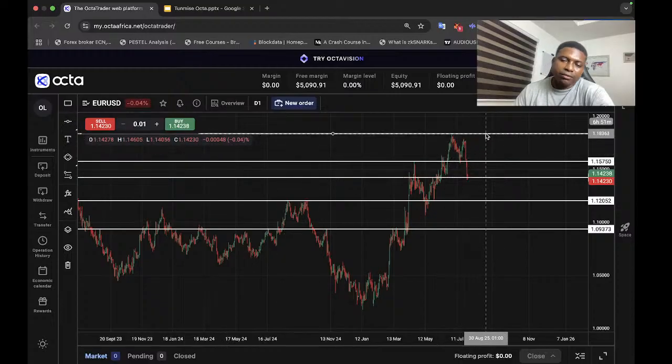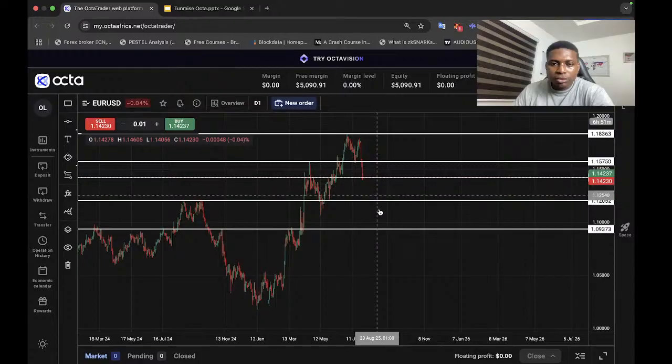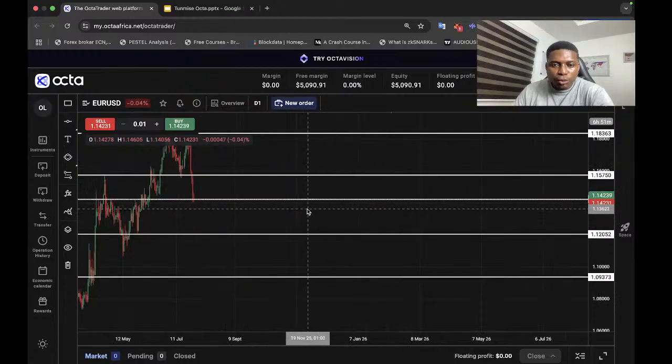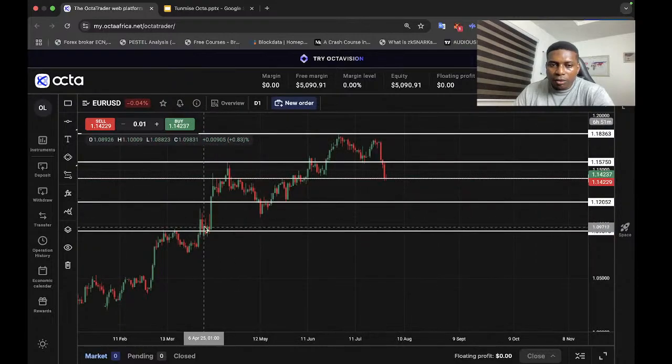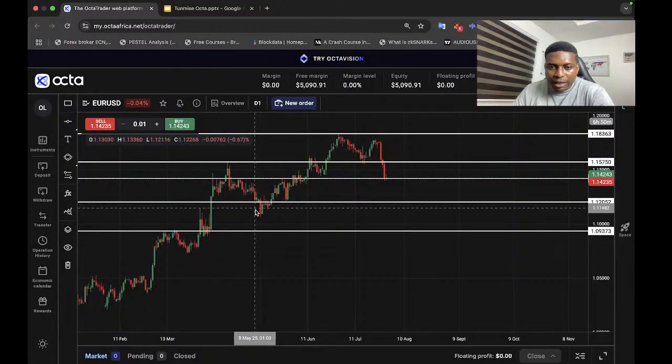So if we zoom in now, we can see clearly these levels where price is currently seated. Price had moved from here, went up, consolidated at this level, and there was a support zone here.